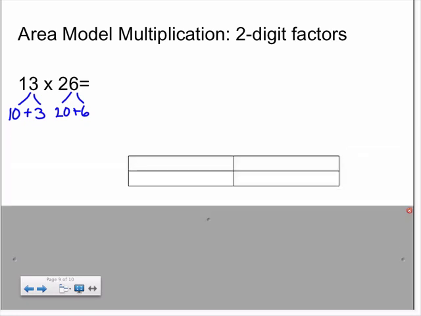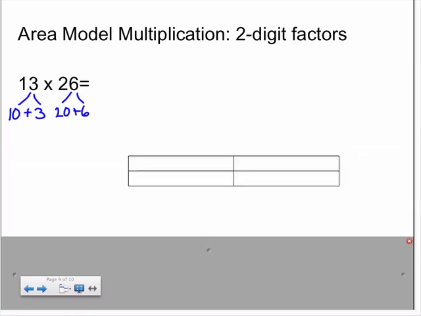Now, our array requires two columns as well as two rows. In order to set up our number buddies now, you will notice that we will have 10 and 3 as our two rows, and 20 and 6 as our two columns. Now we're going to have 4 sets of number buddies.